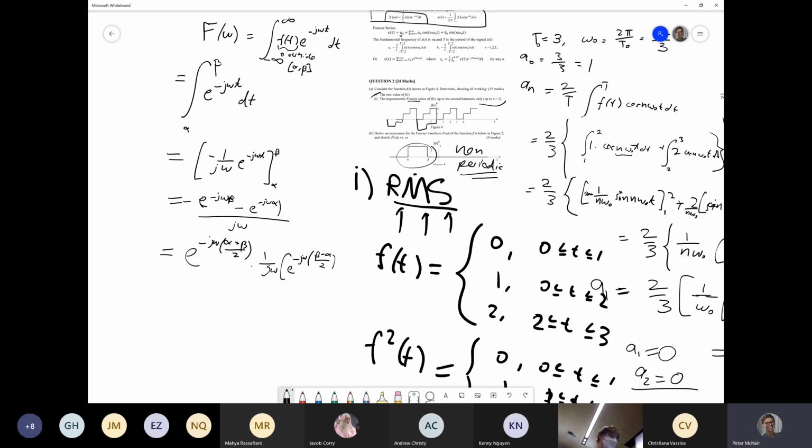So this is e to the minus j beta, and then we would subtract, I beg your pardon, that would be positive. And then we would subtract e to the j omega, e to the minus j omega beta minus alpha on 2.